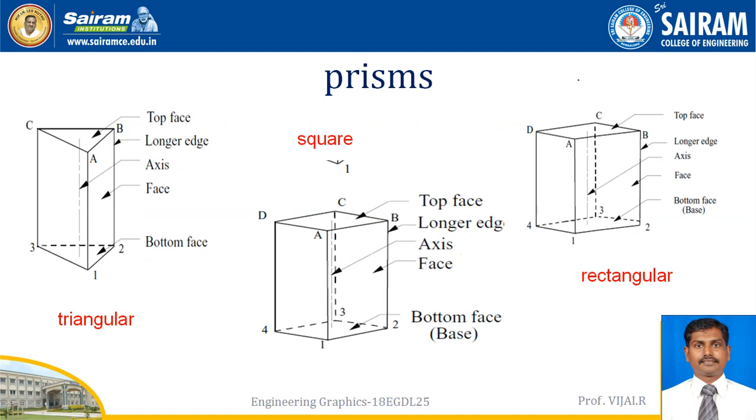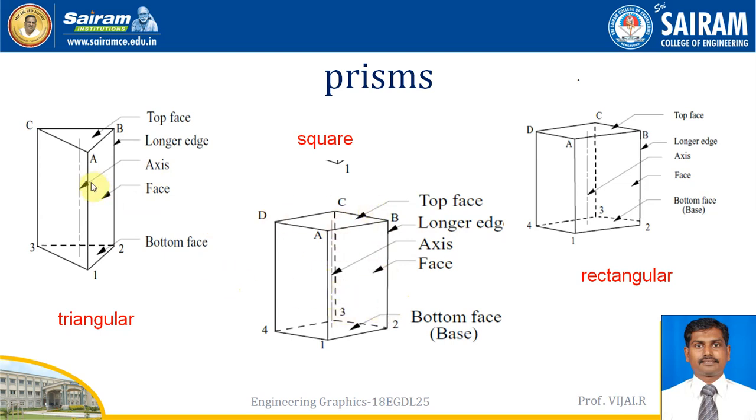Let me see the important things we have to know in the prism. There is the top face and a bottom face. For every prism there will be a top and bottom face, and the rectangular faces we call the longer edges, and at the center there will be an axis.